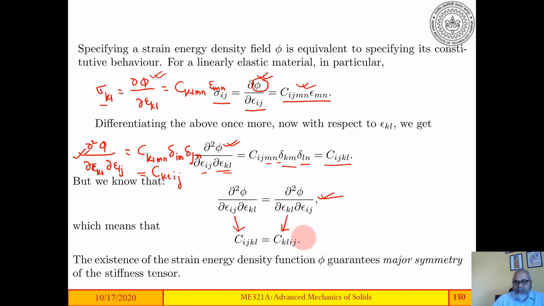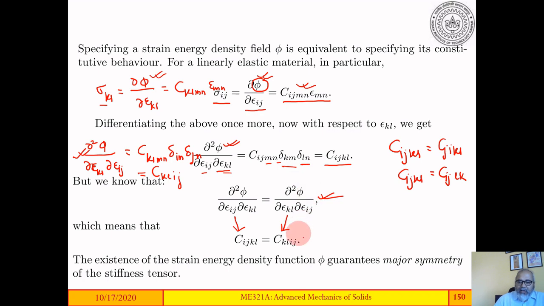tells me that Cijkl not only has minor symmetries, so we already have seen these minor symmetries, Cijkl equal to Cjikl and Cijkl equal to Cijlk. These are minor symmetries that come from the symmetry of the stress and strain tensors and bring down the number of independent constants from 81 to 36.